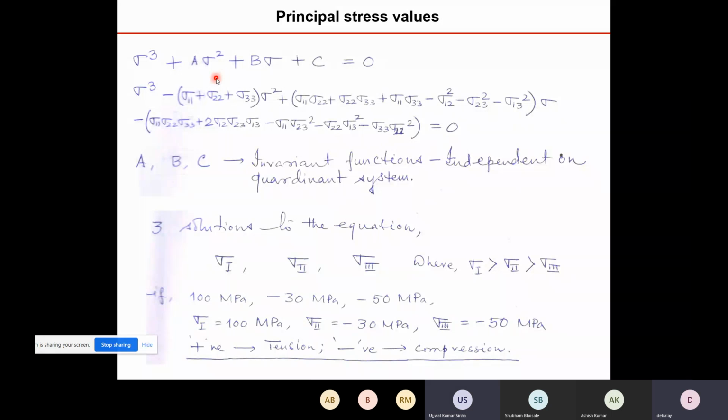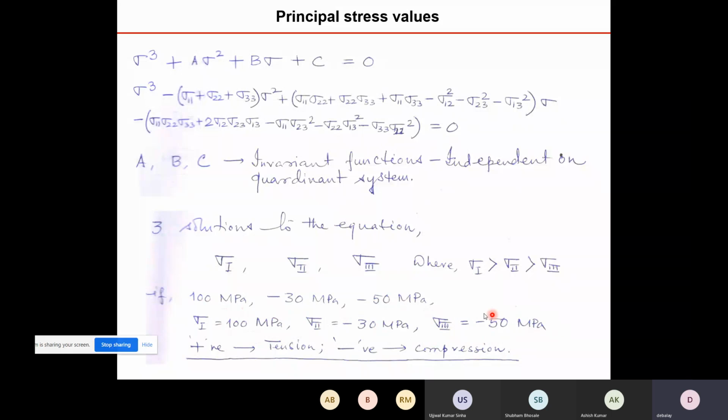Okay. Yes. So suppose three of my principal stresses are 100 MPa, minus 30 MPa and minus 50 MPa. How to choose them? The selection would be sigma 1 equal to 100 MPa, sigma 2 equal to minus 30 MPa, and sigma 3 equal to minus 50 MPa.